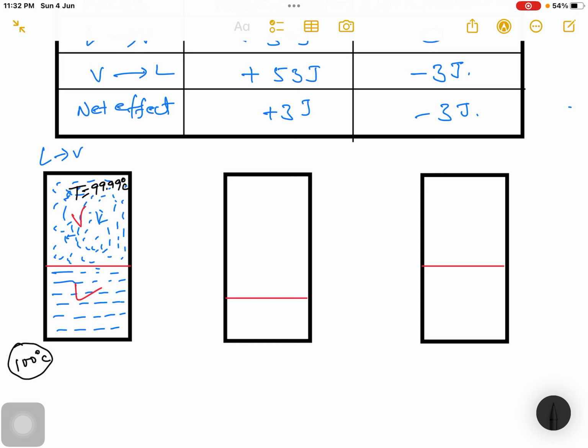Okay, again here the vapor is converted into liquid.